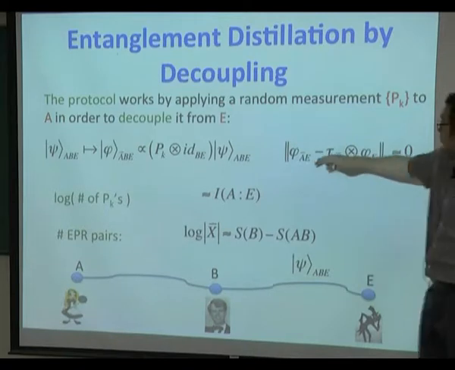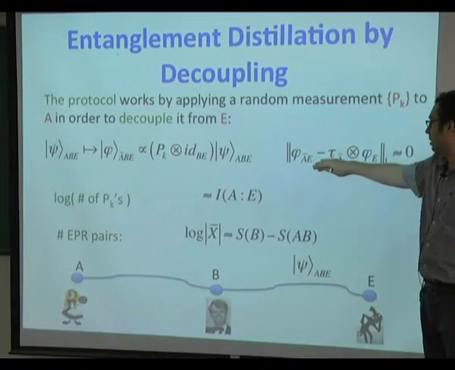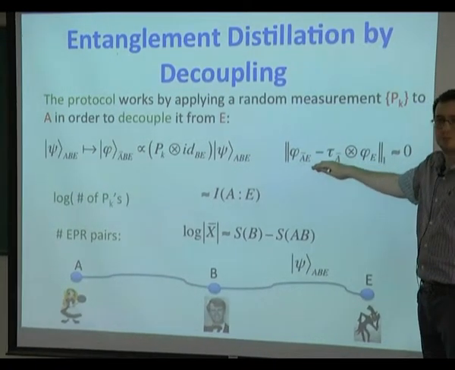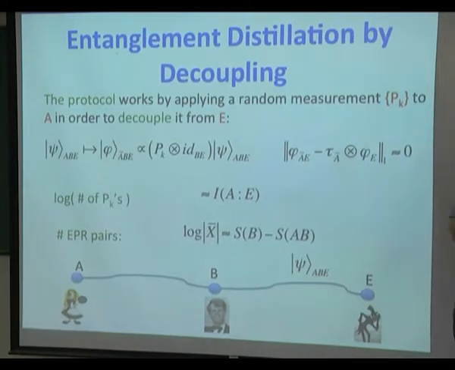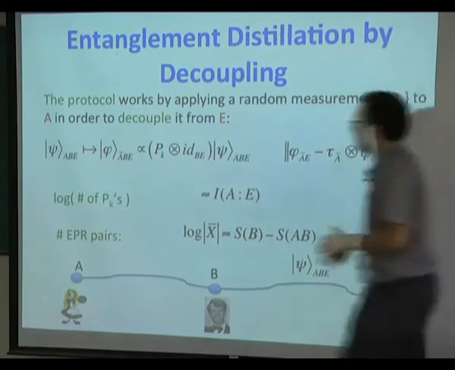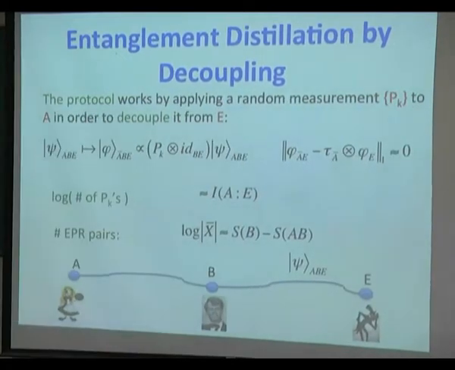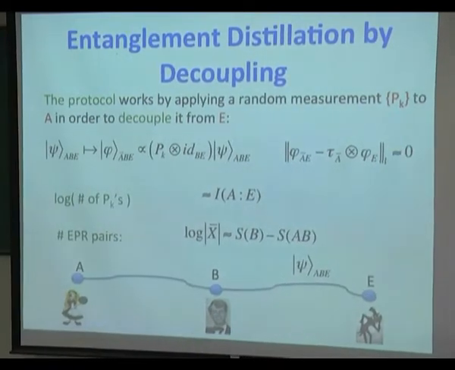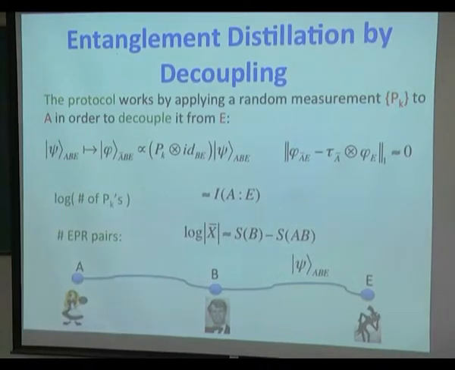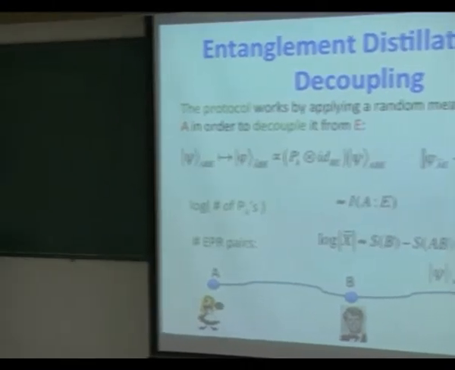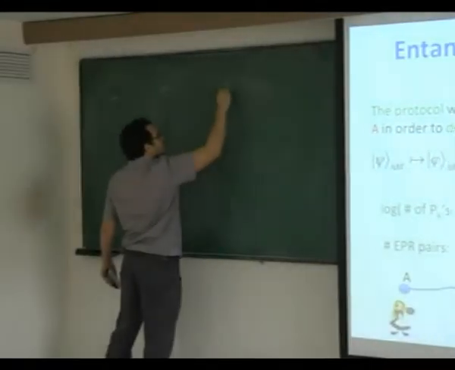Okay, so now why is this interesting? Why is this enough for us to distill entanglement? We already saw this. It's exactly this Uhlmann trick again, this decoupling again. But let me just write it one more time because it is very good to know. So we have Alice, Bob, and Eve.